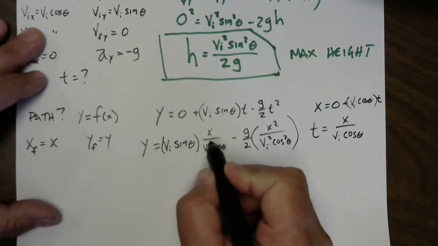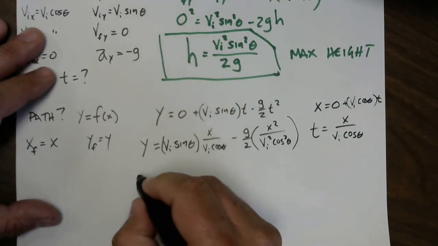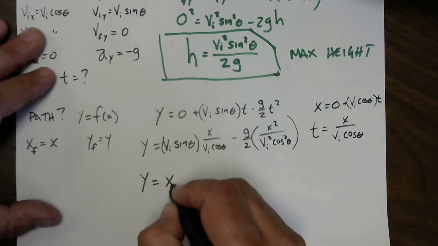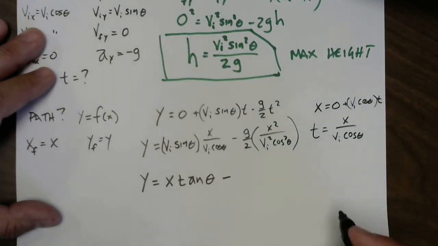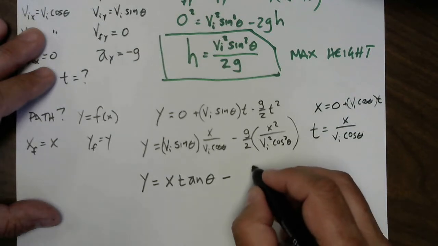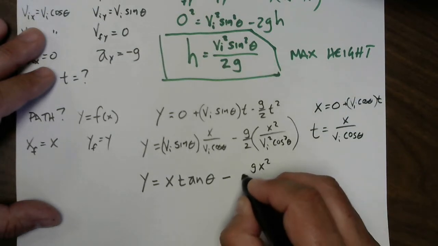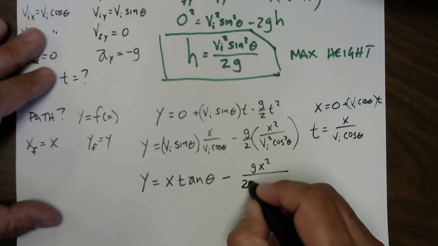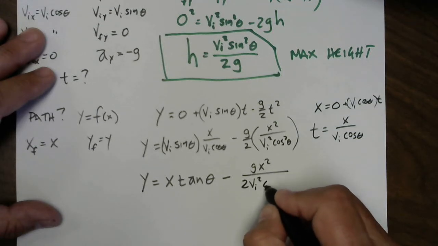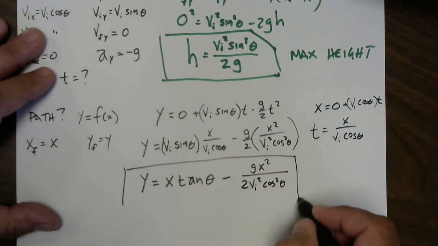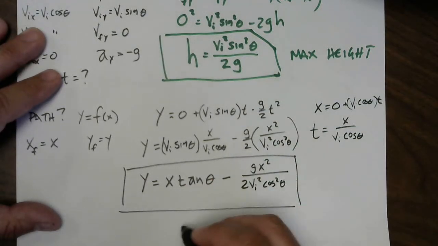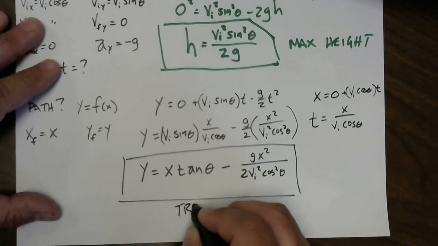The vi's cancel, x stays there, and sine over cosine is tangent. So the first term is just x tan theta. The second term is going to have a g x squared on the top and a 2 vi squared cosine squared theta on the bottom. And this is the actual shape of the trajectory.